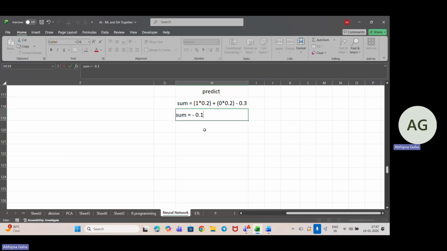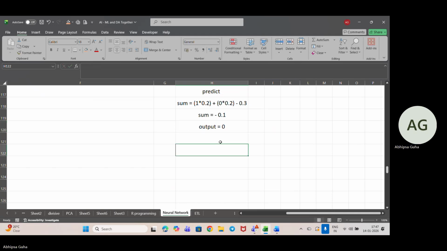So the output is equal to 0, right? Now the error I am checking: my target was 0, my output is 0, so I am getting the value as 0. So no mistake, there is nothing to change.